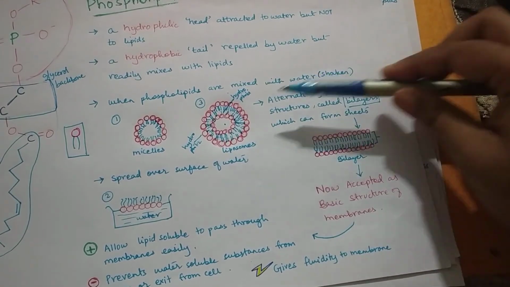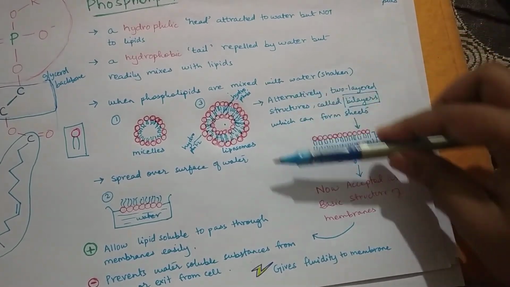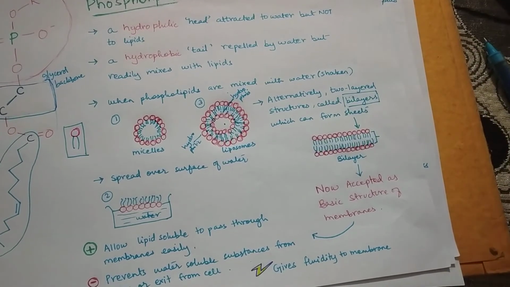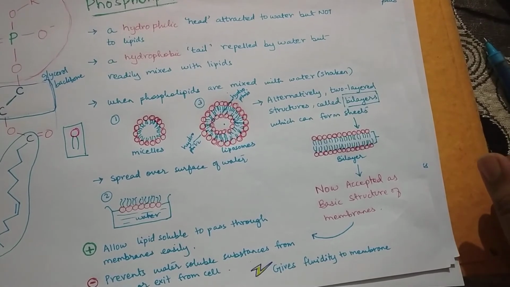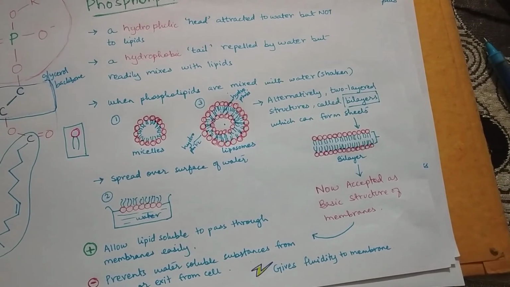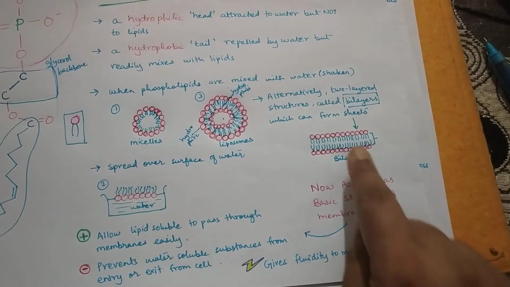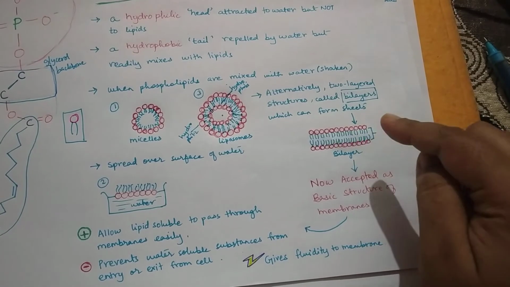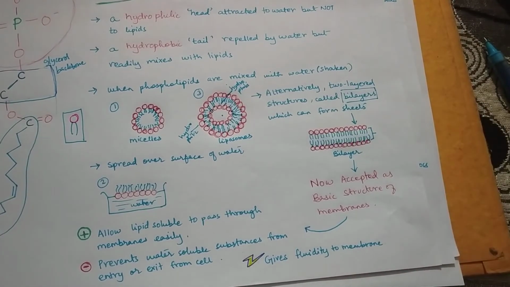Using this kind of behavior that phospholipids show, many biologists later, close to the year 1972, when Singer and Nicholson proposed the phospholipid and proteins fluid mosaic structure, realized that this is the most accepted structure, the closest structure of our cell membranes, where phospholipids have their heads to the surfaces and their tails sandwiched in the middle.